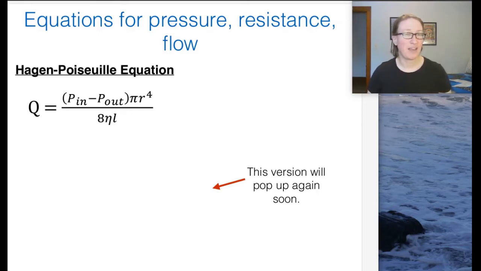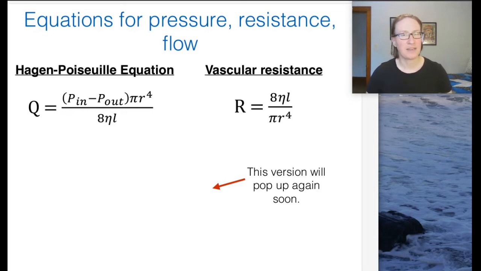So we've looked at the Hagen-Poiseuille equation as an overall characterization for blood flow rates, right? That's related to pressure difference, the diameter of the blood vessel, how long that vessel is, and a couple of other parameters in the equation. We can also characterize a phenomenon known as vascular resistance. Vascular resistance, in a lot of ways, is the inverse of the Hagen-Poiseuille equation.